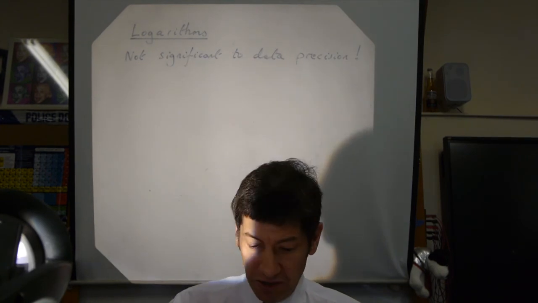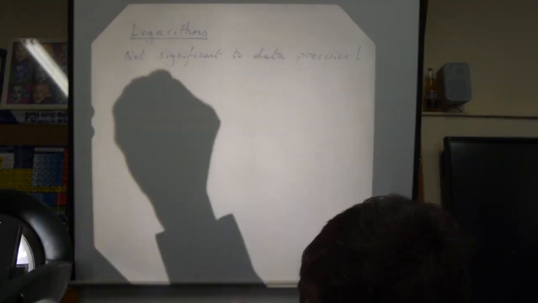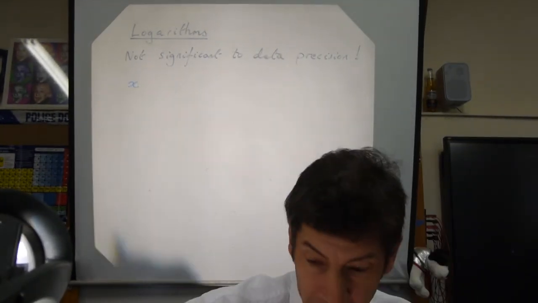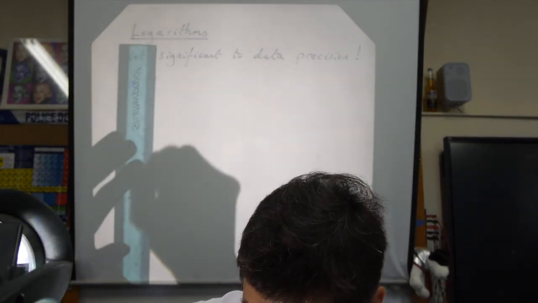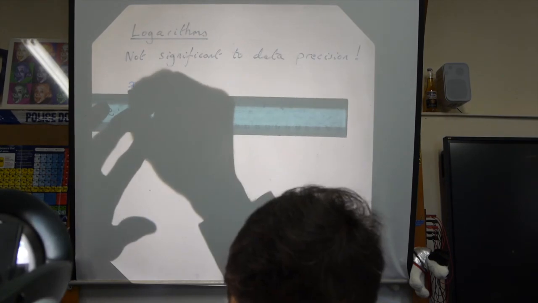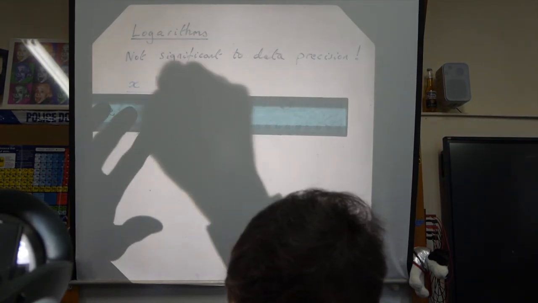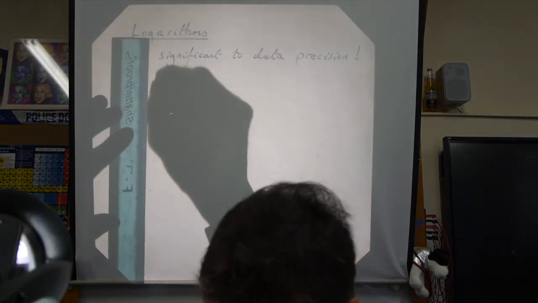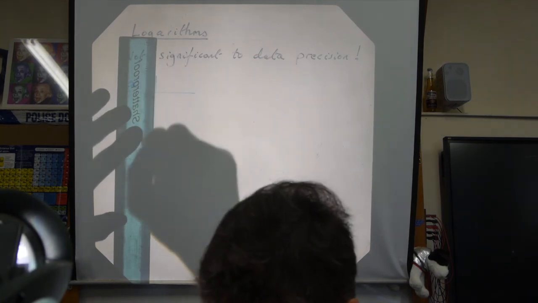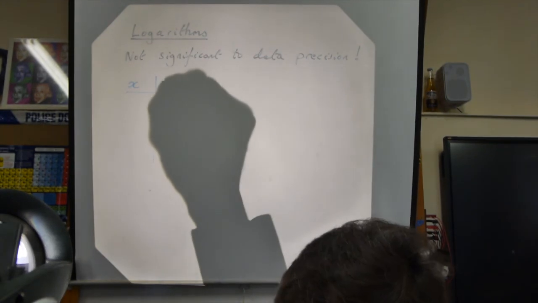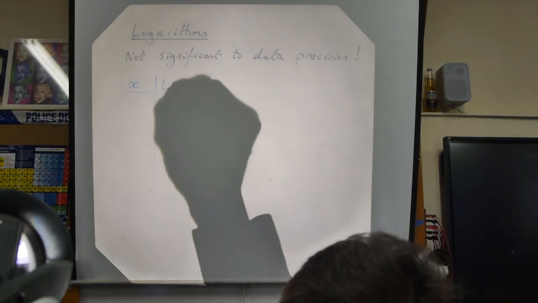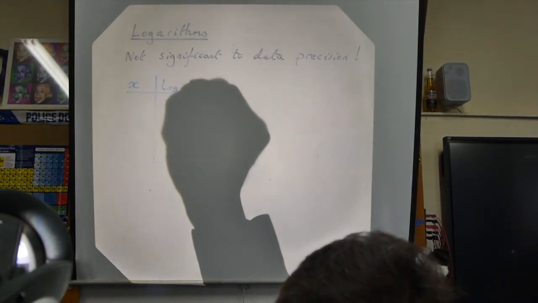So let's have a look at some data. So x, and then we'll take the log of x. So I'll draw a little table here. Pen's not brilliant, it's an end of term pen running out. And here's the log of x.